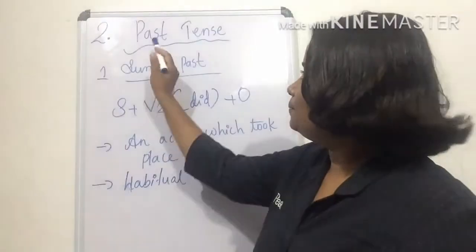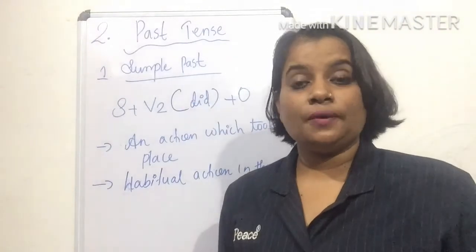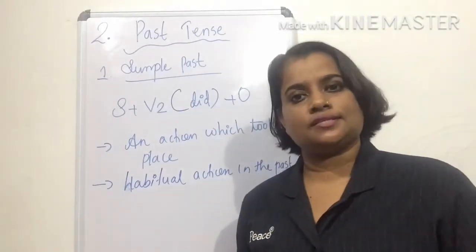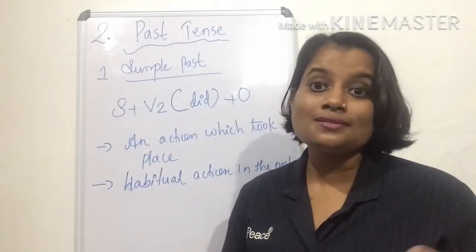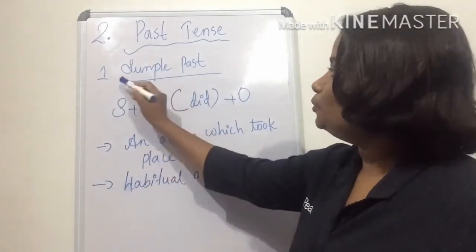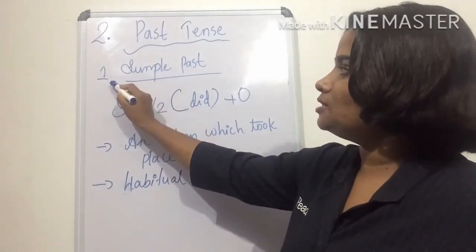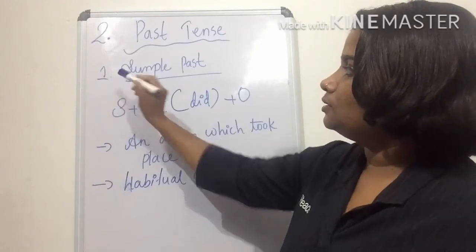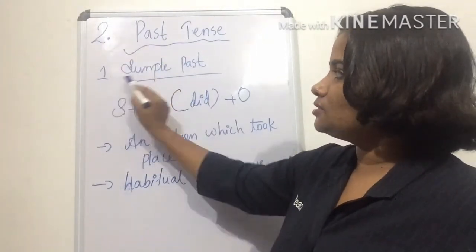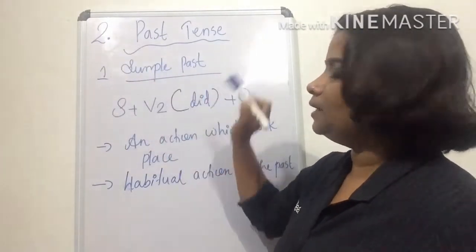Past tense. We know that past tense means the action which happened yesterday or a previous day. The first tense form is the simple past.